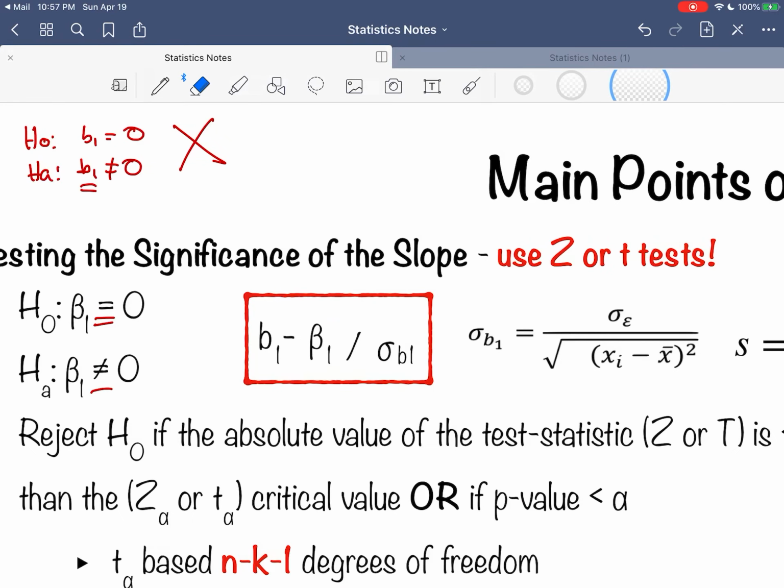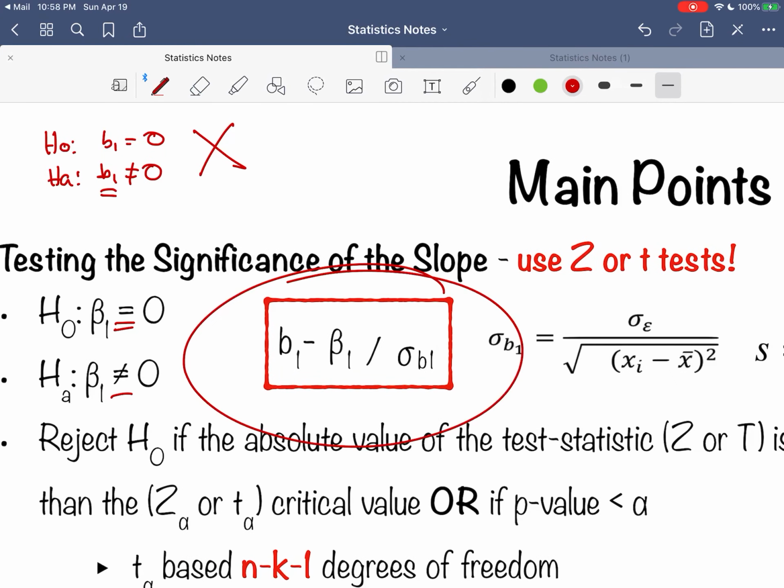Step 3 is to actually conduct the test. The test is quite simple. It's simply a comparison between what you observed from the sample versus what you predicted, divided by the standard error of the beta term. This is very much the same as what you've seen before.